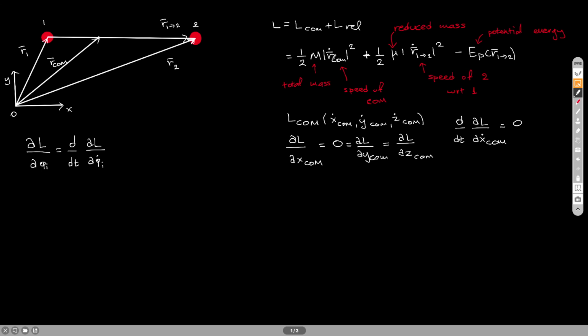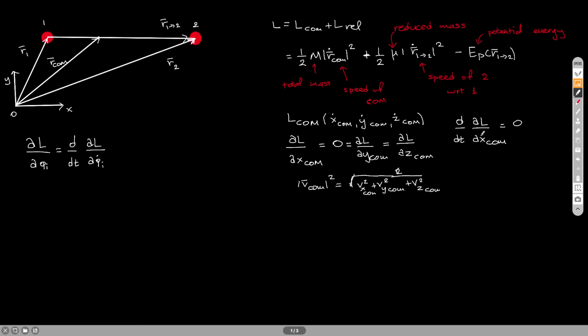Now, I want to remind you of the speed of the center of mass, what is that? v com squared, the square root squared will cancel out, and then I have vx squared of the center of mass, plus vy squared of the center of mass, plus the same thing for vz squared of the center of mass.